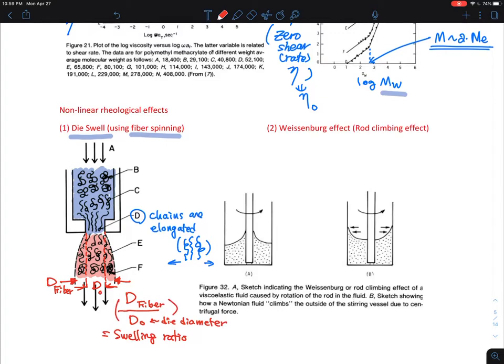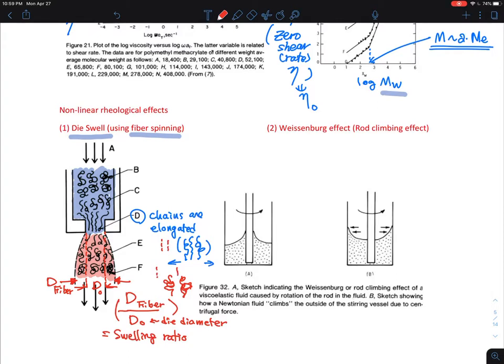And that design is not going to be your fiber's diameter, because when they come out, these polymers start to go like this, right? So they want to go the other way. So in the beginning it was like this, and then later it will be much thicker in that region.